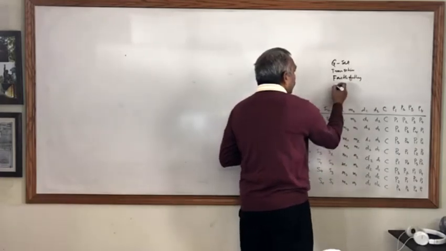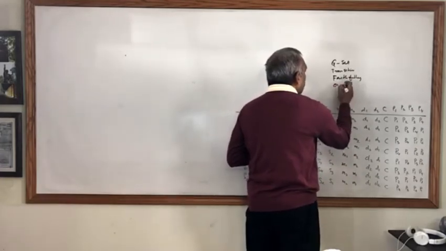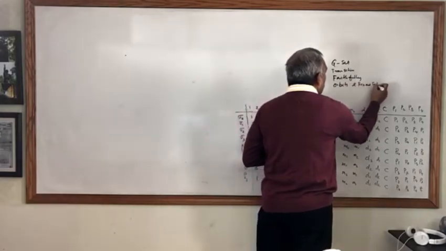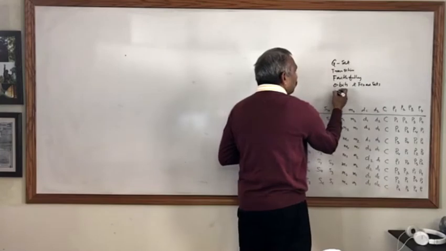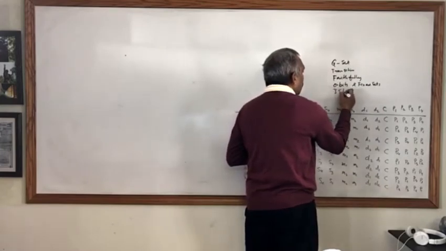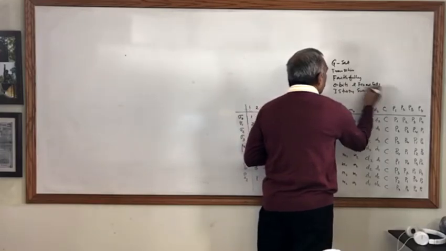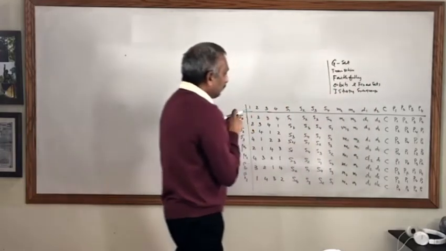We are going to find out some orbits and fixed sets. Then we are going to find some isotropy subgroups. So we are going to do all this using this example.